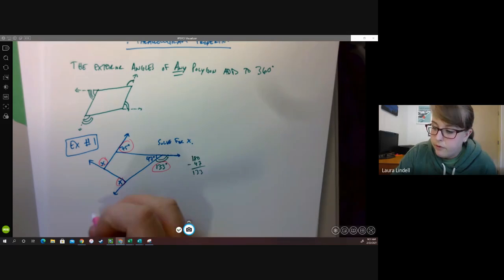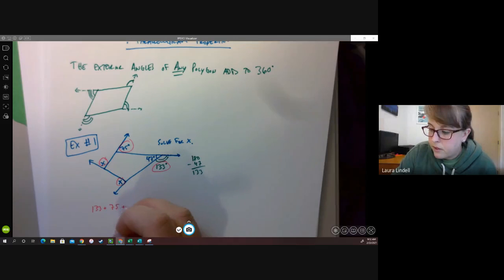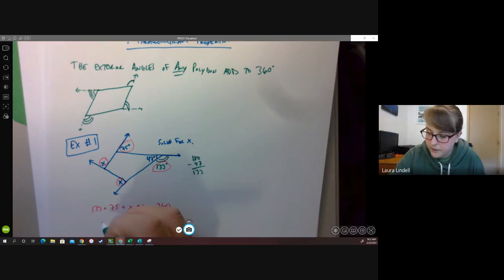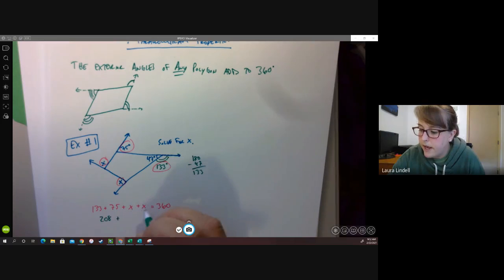Okay, so here we go. We've got 133 plus 75 plus x plus x equals 360. So 133 plus 75 gives us 208, combining our like terms here. And then x plus x gives us 2x.